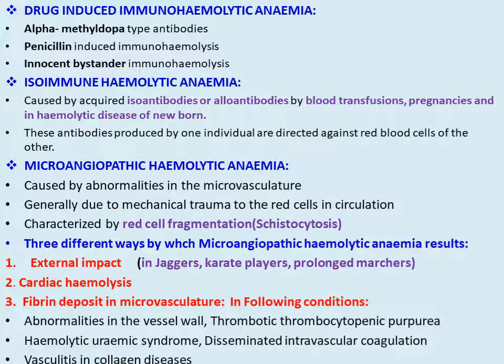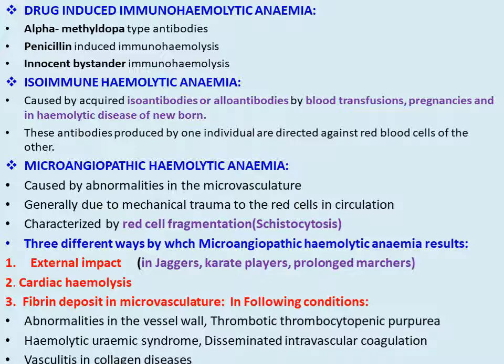These antibodies produced by one individual are directed against red blood cells of the other. So the antibodies produced in one person are transferred to the other person, and there they cause the destruction of red blood cells. That is isoimmunohemolytic anemia.